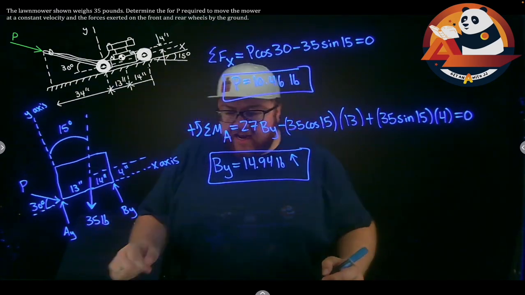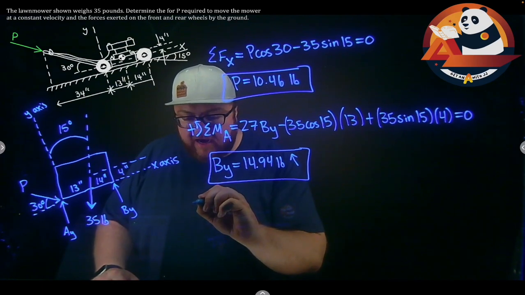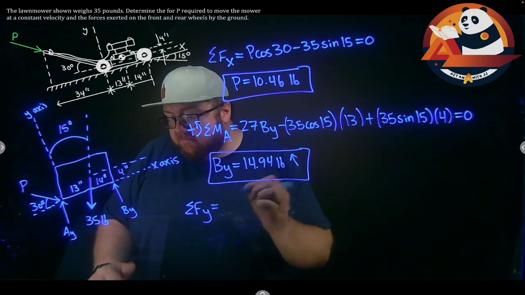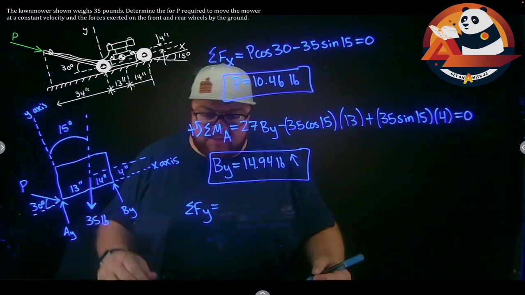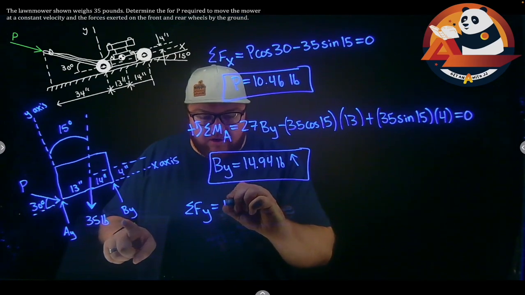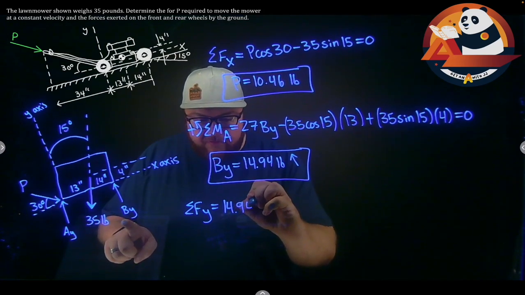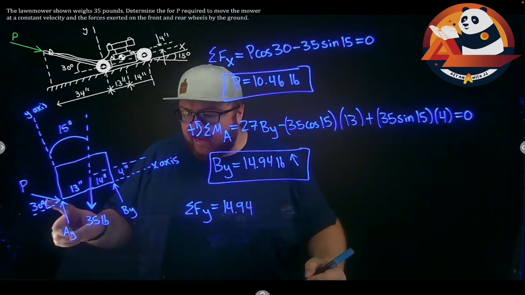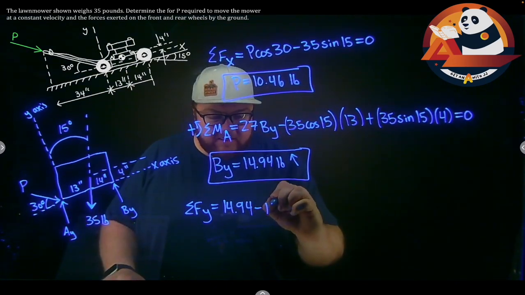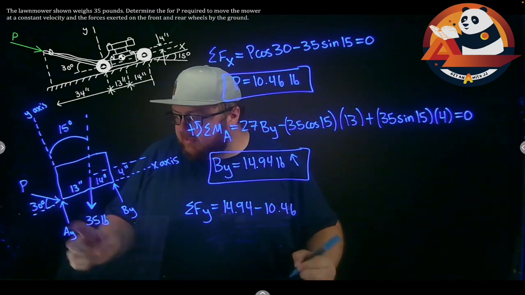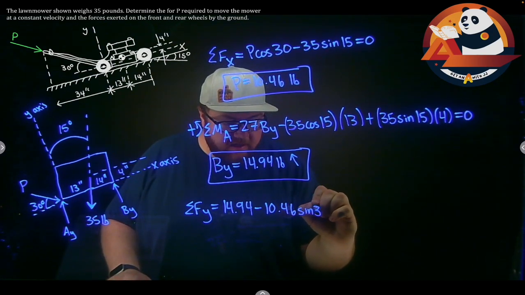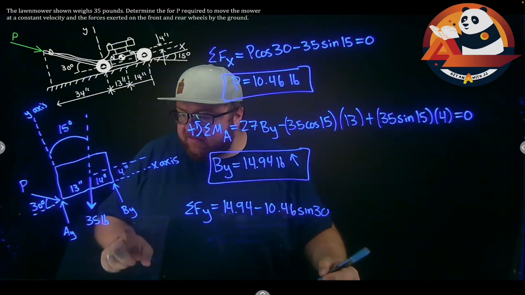Finally, I can get AY out. If I just sum forces in the Y, or I could sum moments about any point its line of action doesn't pass through, but forces in the Y will be easier. I have BY, 14.94. I have a Y component of P, 10.46 times the sine of 30, and I have the weight.